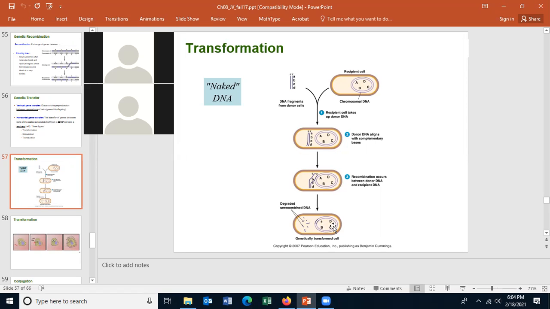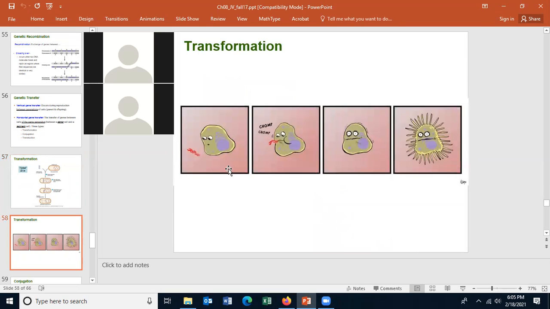The idea is this cell takes up DNA, foreign DNA, and then can express some of that DNA, the lowercase a gene, and then we can say it is a transformed cell. It's a transformed cell because it's expressing a new gene and it's making a new gene product, the lowercase a gene. And here's a little picture of that.